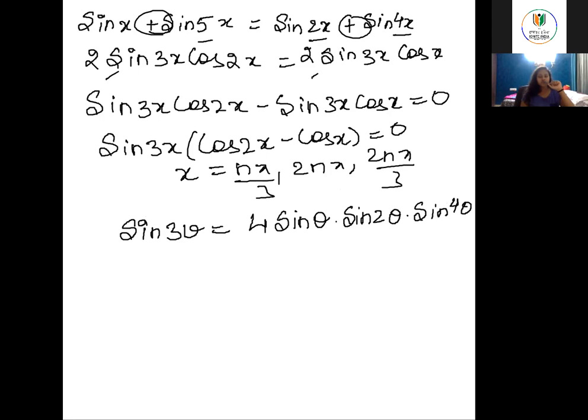Do this. This will be the last question for today. And there are 2 or 3 more types remaining. We'll do it in the next class because those are lengthy ones.